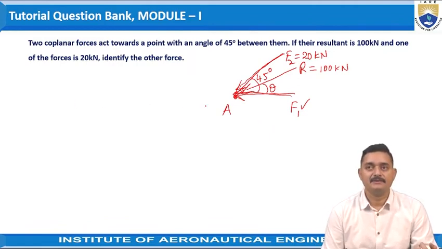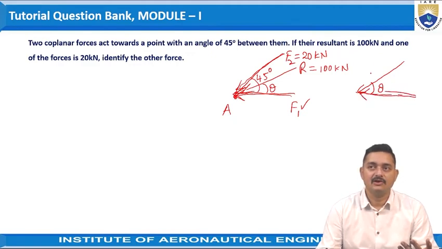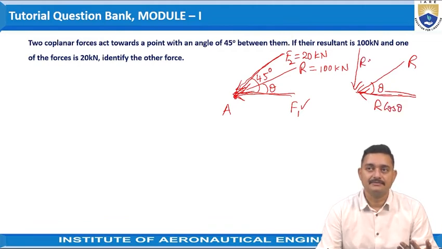The resultant R is acting at an inclination of theta, so let us consider its components as the horizontal component and vertical component, that is R cos theta and R sin theta.